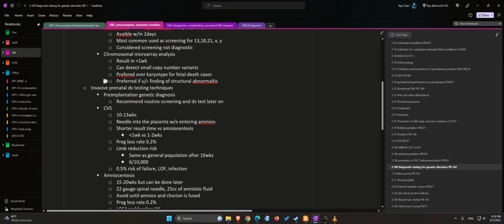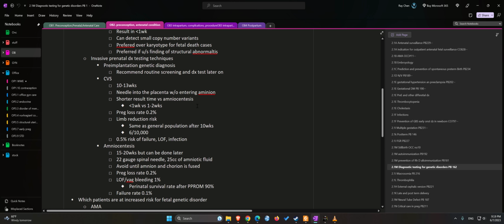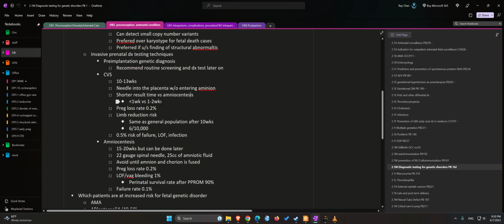CVS can be done between 10 to 13 weeks, with a needle into the placenta without entering the amnion. The result time is shorter than amniocentesis, usually less than 1 week as opposed to 1 to 2 weeks from amnio. Pregnancy loss rate is 0.2%.